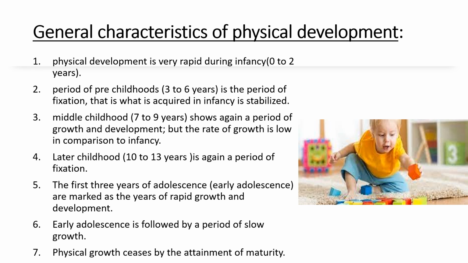As we know, from 0 to 2 years the physical development is so fast: from a newborn baby, we learn to crawl, to sit, to stand, to walk, and to run as well. All of these are considered very rapid growth of physical development.